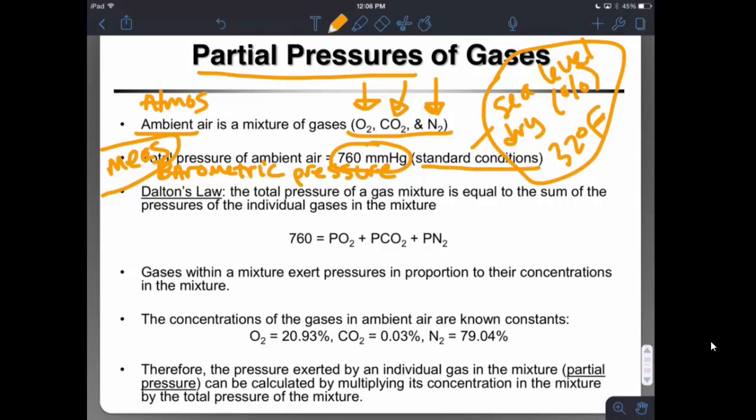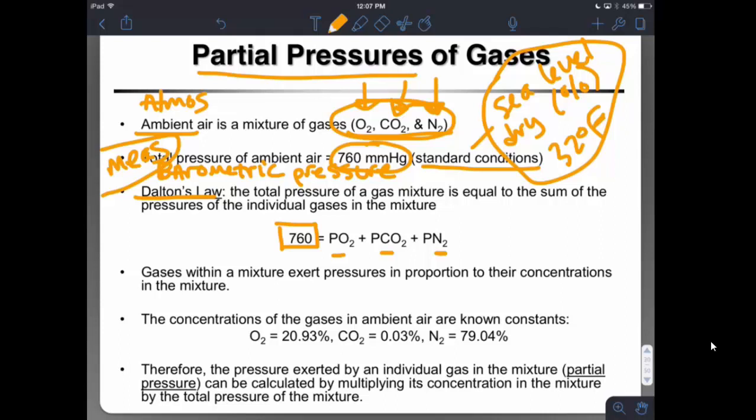Now, according to Dalton, the total pressure of this gas mixture is equal to the sum of the individual pressures. So if the total pressure is 760, and we know that because we measure it, that's telling us that if we add up the pressures of these individual gases, together they are going to equal 760.